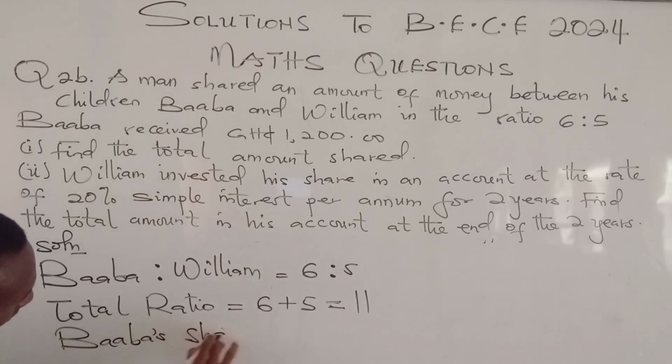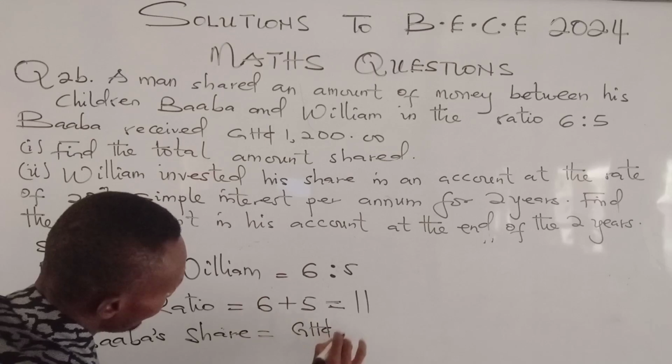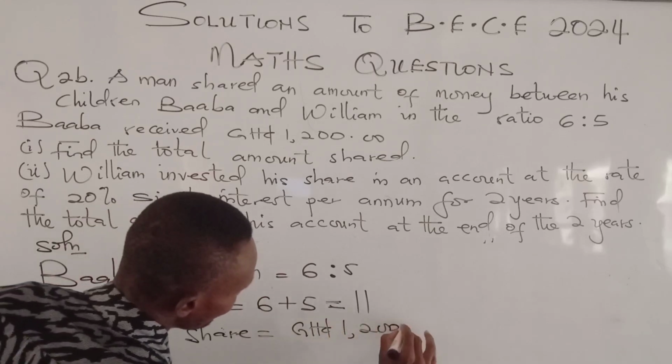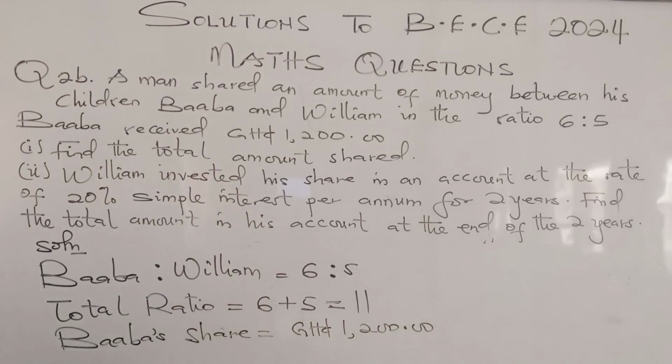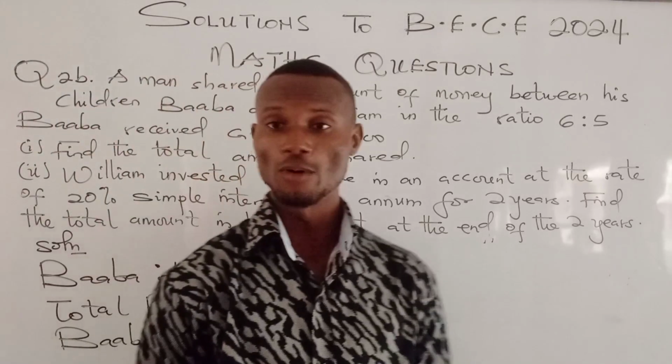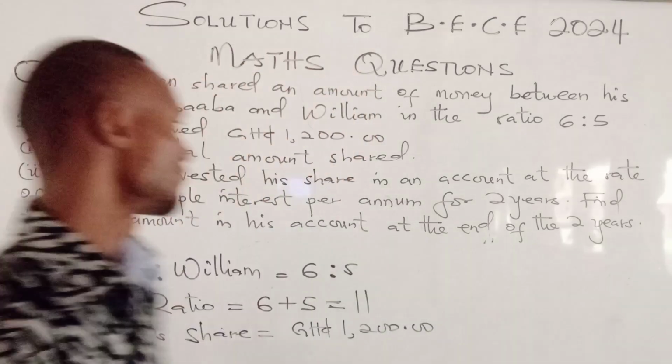Baba's share is equal to 1,200 Ghana cedis. So that's what the question gave us. I hope you understand up to this point. So let's go ahead and finish reading.